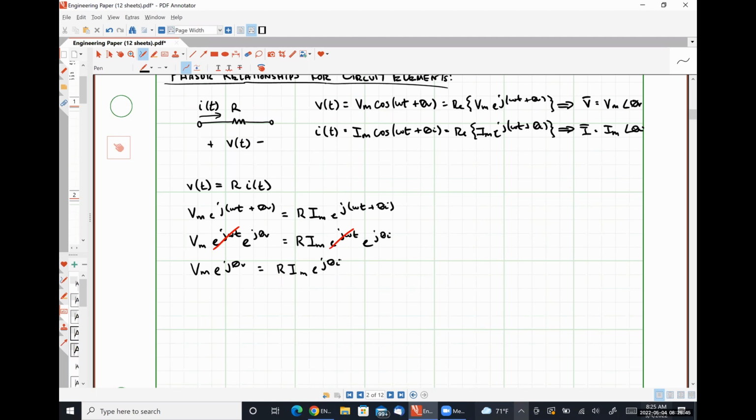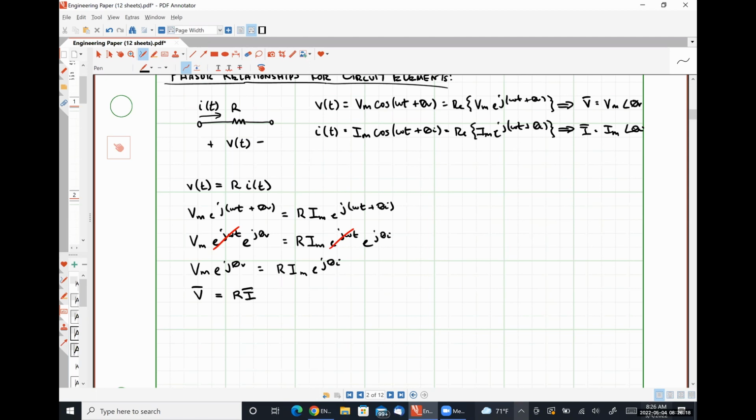So on the left-hand side, since the only information that we have is Vm and theta V, this is exactly our phasor voltage V. On the right-hand side, we have R times Im e to the j theta I, which is exactly our phasor current I. So we have developed a frequency domain or phasor domain relationship.